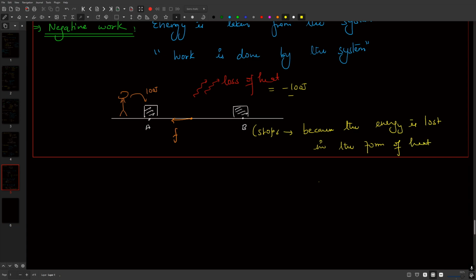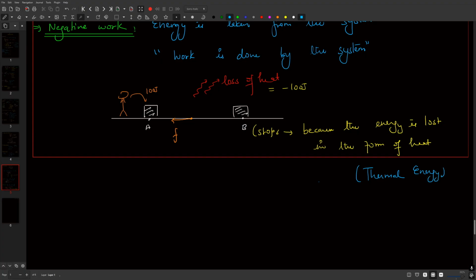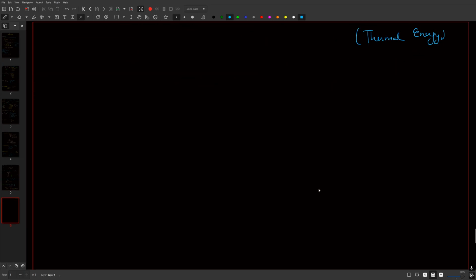It has changed into what we will learn about as thermal energy. So that is what we mean by negative work, that energy is taken from the system. Now, work done can be zero.